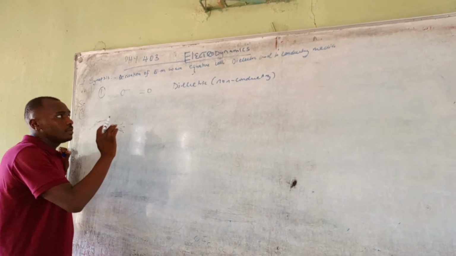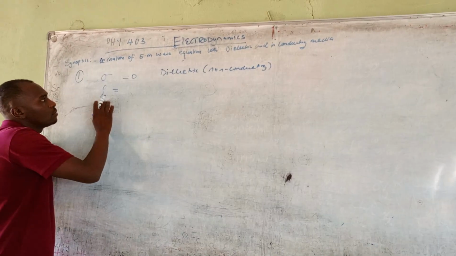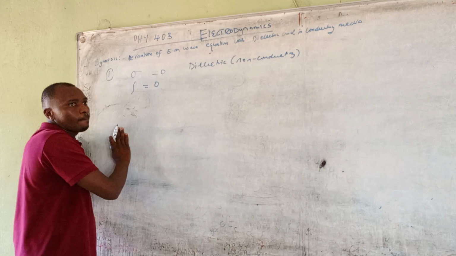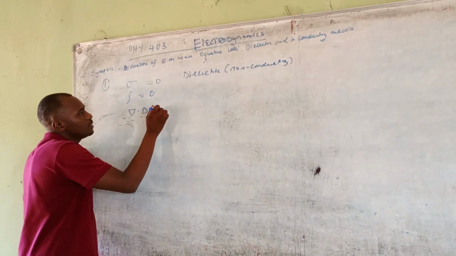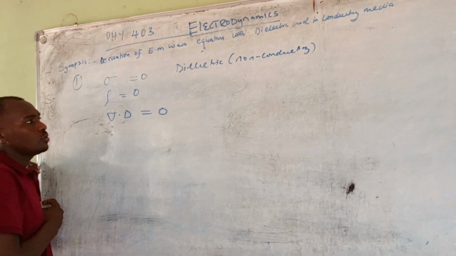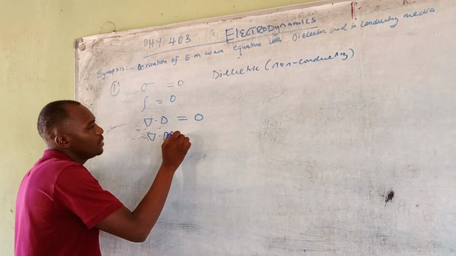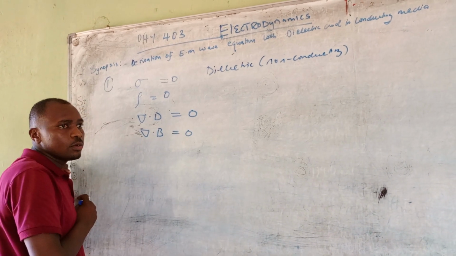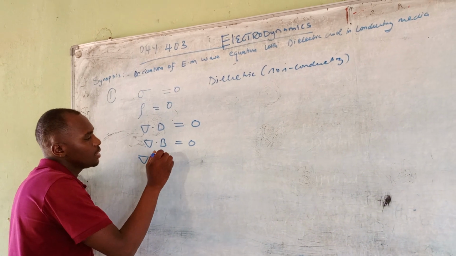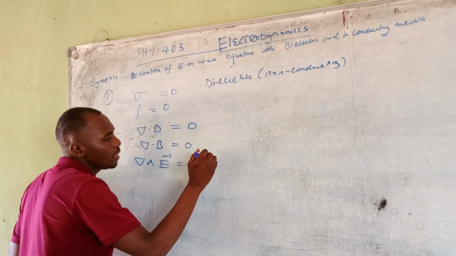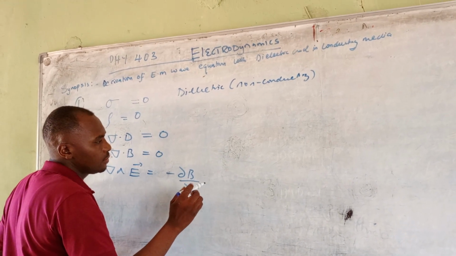Now, in the resulting Maxwell equations, rho will also turn to zero. And we'll have the divergence of D equal to zero as the first Maxwell equation, which is Gauss's law. Divergence of B also turns to zero, the second Maxwell equation. The third Maxwell equation says the curl of E is equal to minus dB by dt.